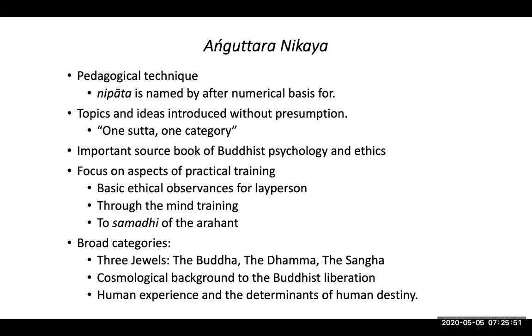So it includes a broad range of audience, lay persons and even monastics. It also covers the broader category of the three jewels, the Buddha, the Dhamma, and the Sangha, the cosmological background to the Buddhist liberation project, the problematic nature of human experience, and the determinants of human destiny.